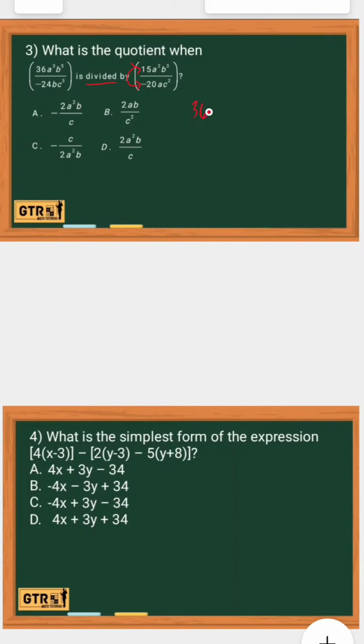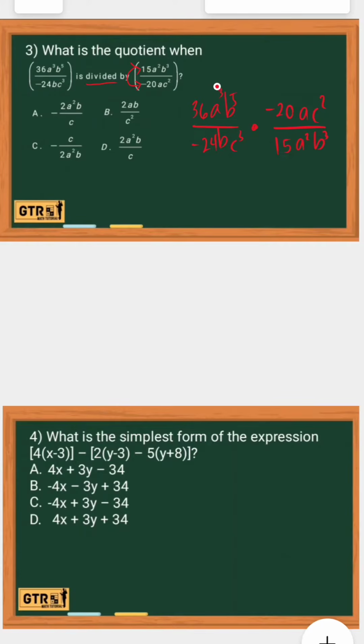Just copy the dividend, 36a cubed b to the 5th divided by negative 24bc cubed. Then from division, gagawin nating multiplication. So we can use the cross symbol or the dot symbol. So just interchange. So we have negative 20ac squared over 15a squared b cubed.